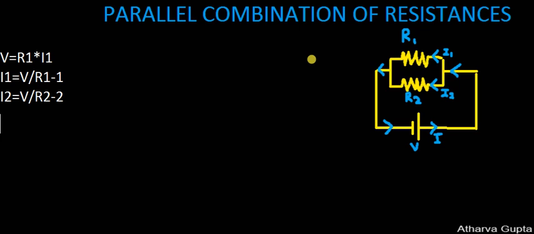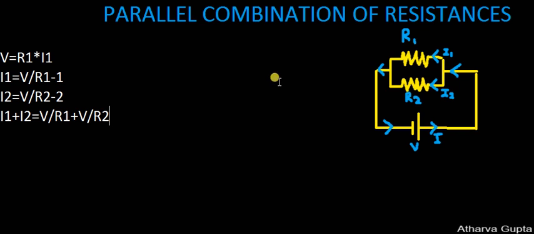So when we simplify these two equations and add them, we'll get I1 plus I2 equal to V upon R1 plus V upon R2.